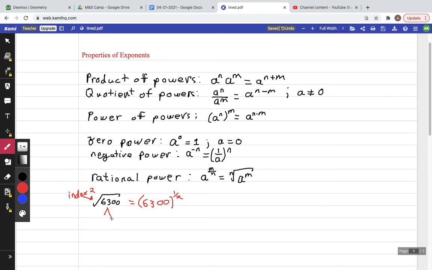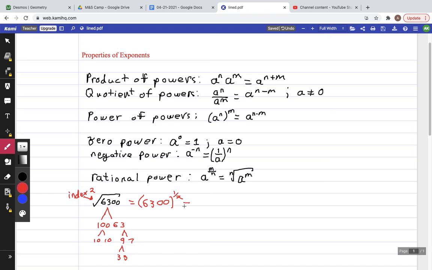Now, 6,300 I can write as 100 times 63. 100 I can write as 10 times 10. That is a pair. We're going to leave it. 63 we can write as 9 and 7. And then 9 we can write as 3 and 3.